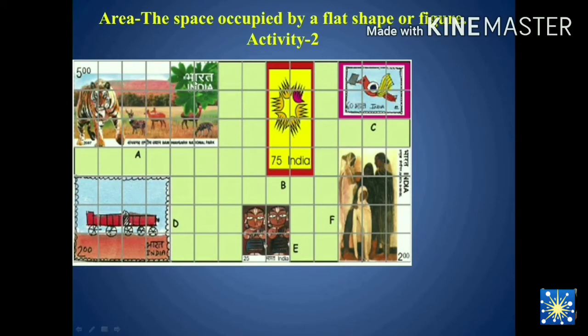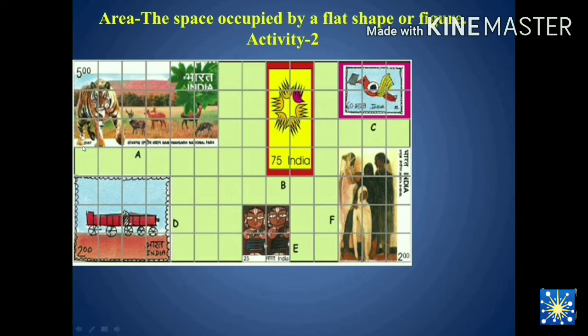First we measure the area of each stamp by counting the squares. There are 2 methods to count the squares in it. The first method is counting each square. 1, 2, 3, 4, 5, 6, 7, 8, 9, 10, 11, 12, 13, 14, 15, 16, 17 and 18. So this stamp has an area of 18 square centimeter.